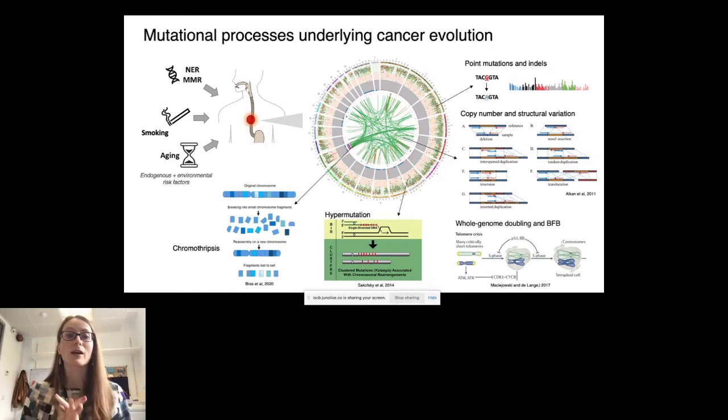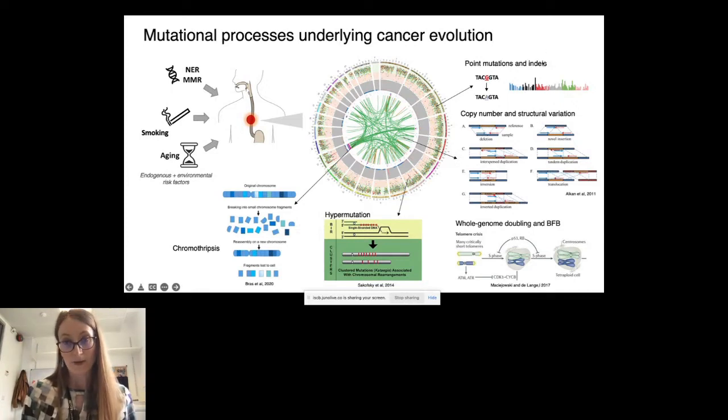And there are also other catastrophic events that can happen, such as entire chromosomes, or at least chromosomal arms, breaking, and then the cell tries to repair this damage, but it doesn't really know how. So then all these broken pieces get stitched back together in a random fashion. And this is a very fascinating phenomenon called chromothripsis.